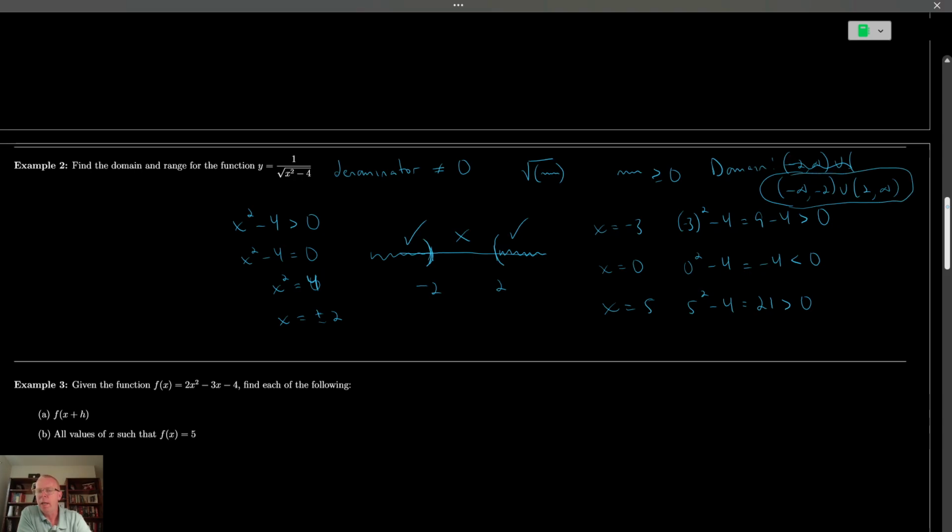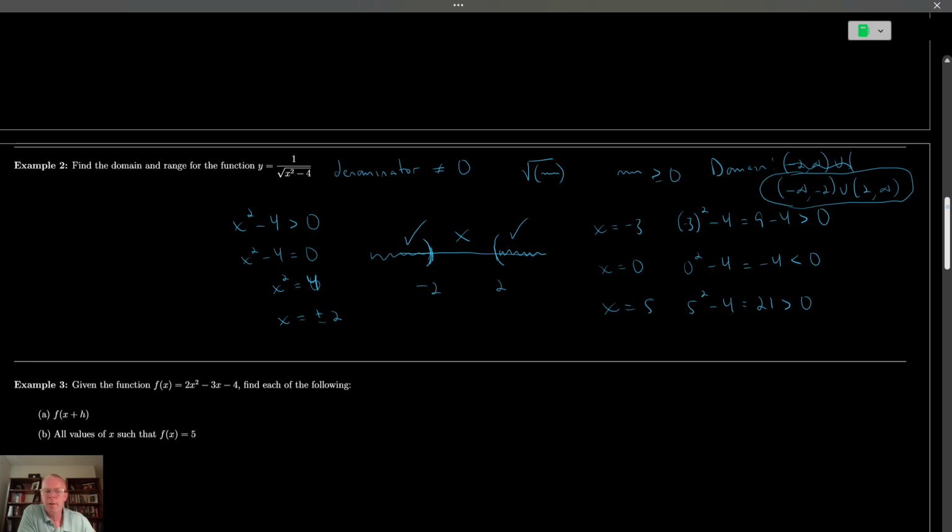All right. So we'll go quickly through the range here, and think about what I said earlier when we talked about the square root function. You can only take the square root of positive numbers or 0, but in this case, you cannot do 0.